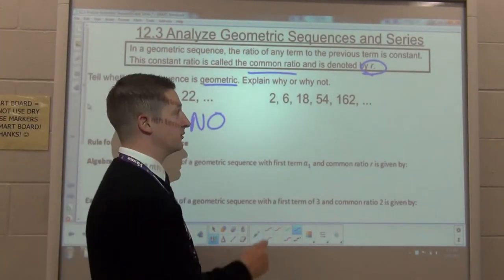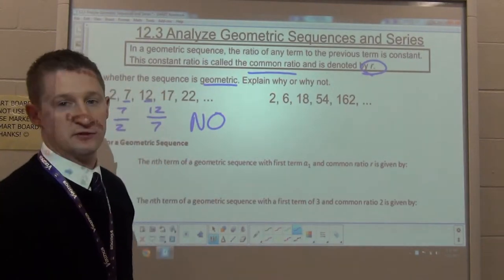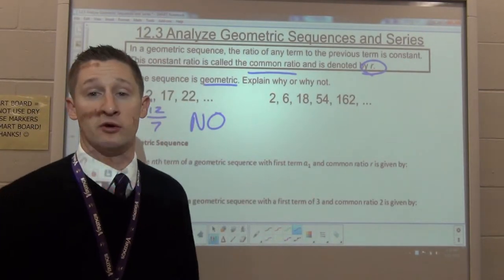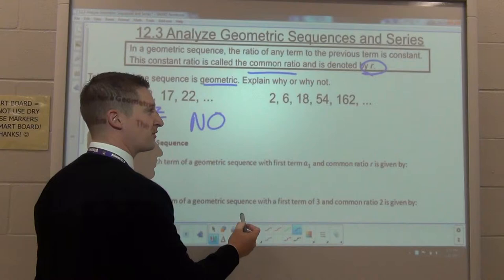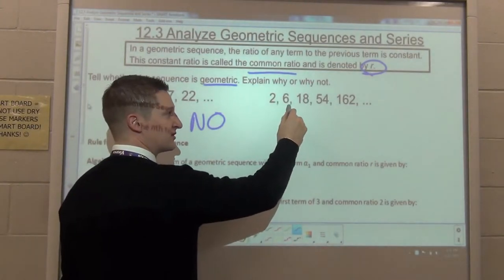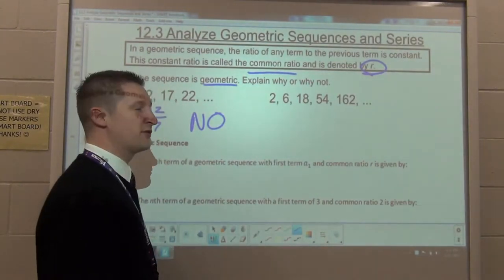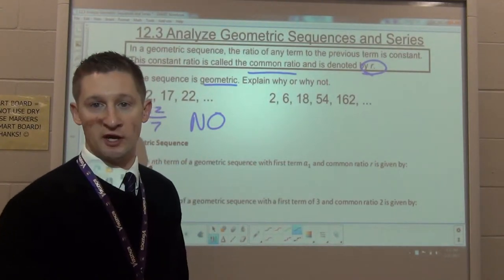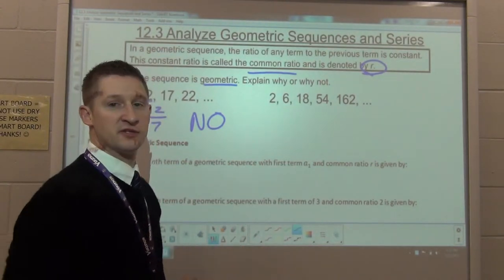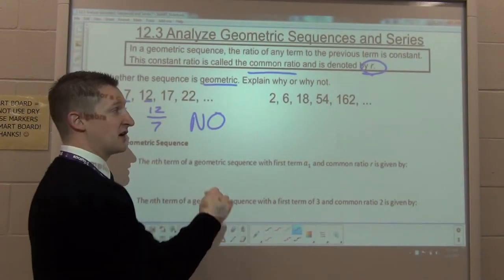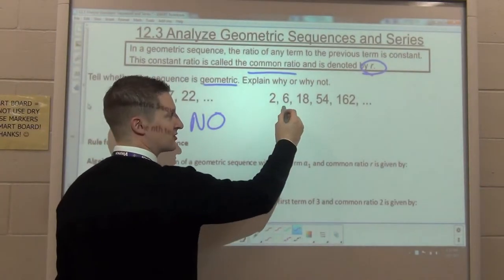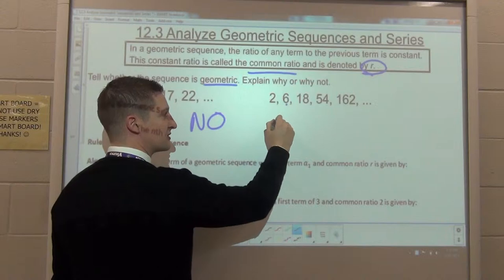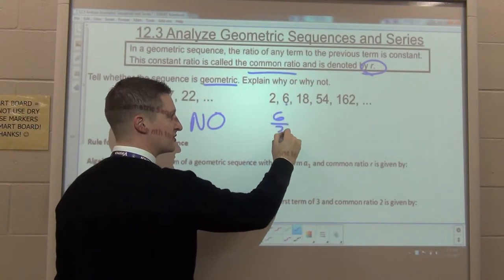With the second example, 2, 6, 18, 54, 162, you might notice right off the bat that to go from 2 to 6 and 6 to 18 and 18 to 54, I think that we're multiplying by 3 over and over and over again. If you saw that, you'd be right, and you could say, yeah, this is a geometric sequence. Now, to test it according to the definition, just to show you how this would work, we would take the second term, 6, divided by the first term, which is 2.